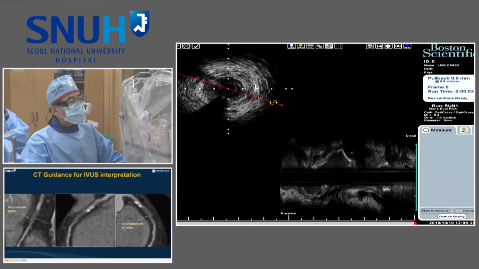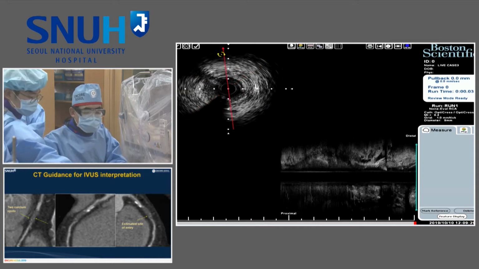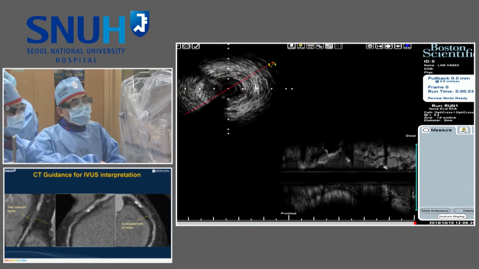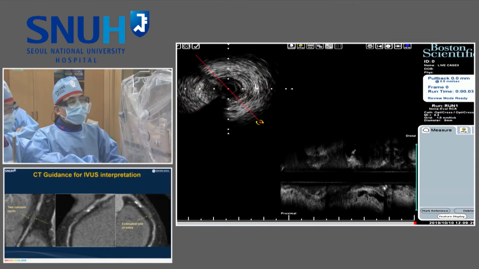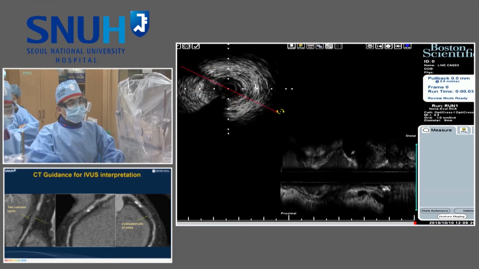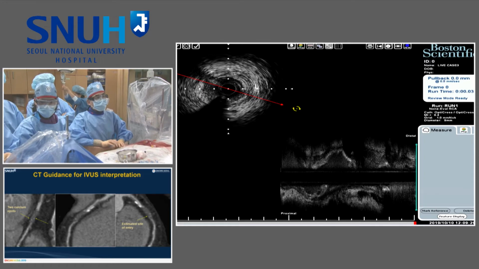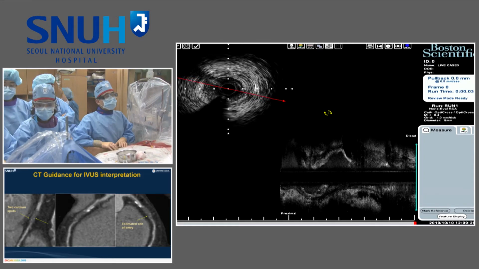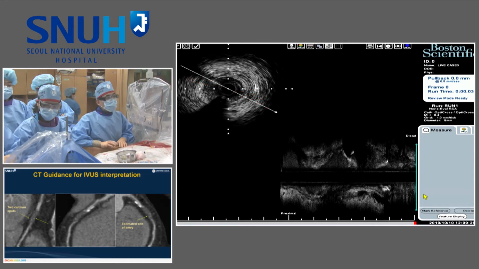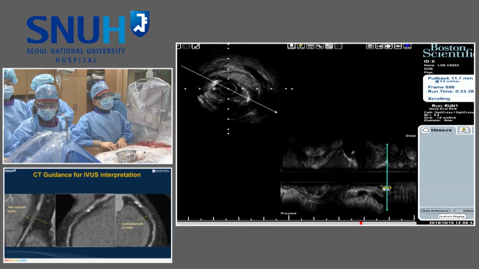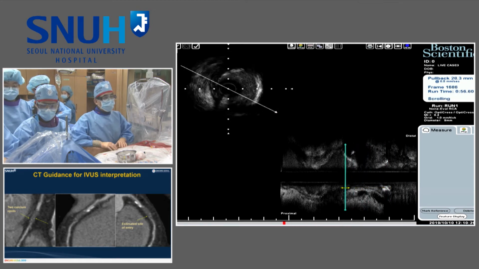We are now doing a HOST-IDEA RCT where we try to compare the 3-month versus 12-month DAPT, especially in ultra-thin strut stenting. In other words, Orsiro or Onyx, the strut thickness is about 70 or less.